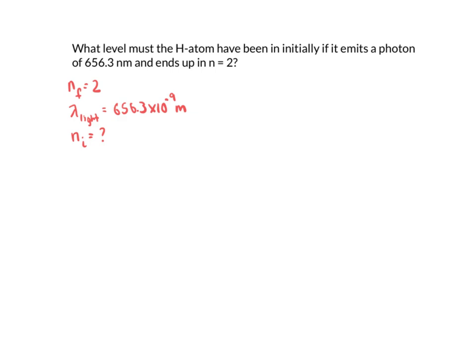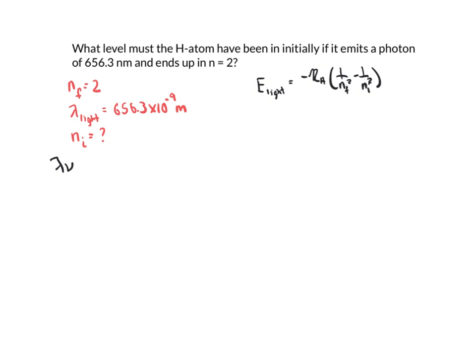process. Remember that our equation tells us that the energy of light that is emitted is equal to minus R sub h, 1 over n final squared minus 1 over n initial squared. And so I need the energy of the light, but I have the wavelength of the light. So I can use the wavelength to find the frequency.